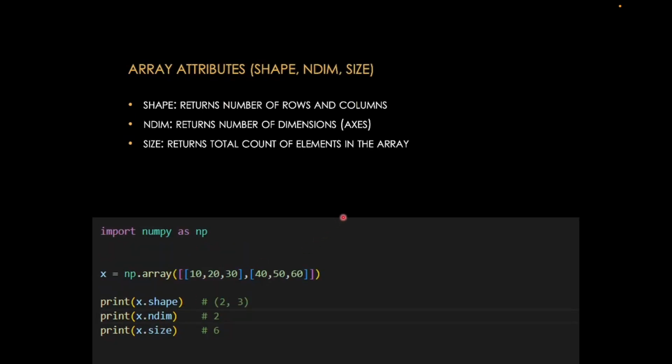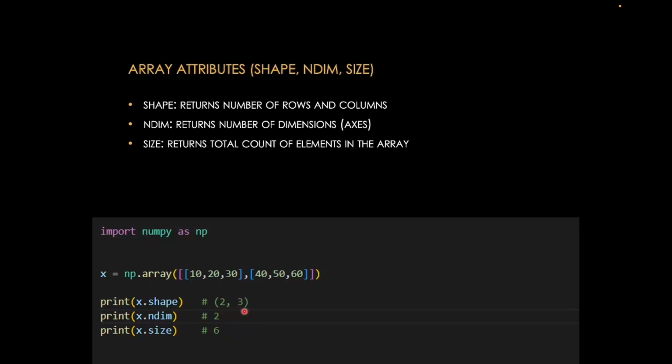We can find out what is the shape of an array. NumPy provides three different functions. First is shape. Let's see X, a NumPy array which has two dimensions: 10, 20, 30, 40, 50, 60. If you want to print the shape, we can say x.shape and it will print 2, 3.